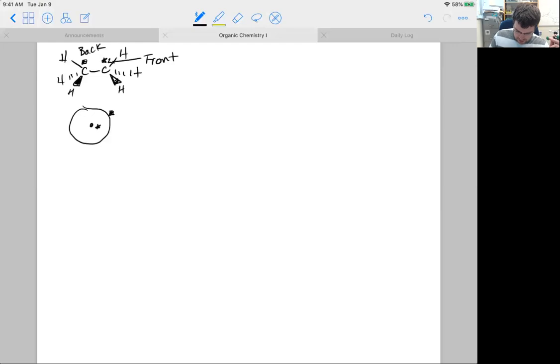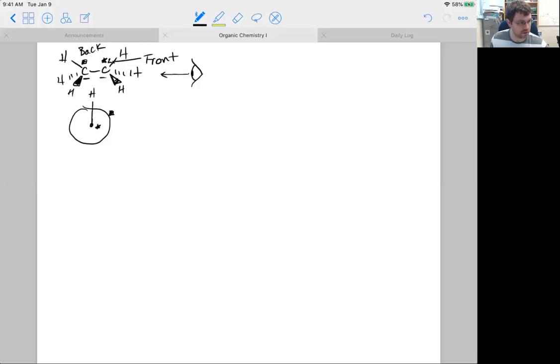So we have a front and a back. I'm going to do a really fun sketch. I'm going to draw an eye, and I'm going to show the pathway that the eye is looking. So the eye is looking, and it's reaching the starred carbon before it reaches the squared carbon. Now what we can do is draw the atoms that are attached to the starred and the squared carbon.